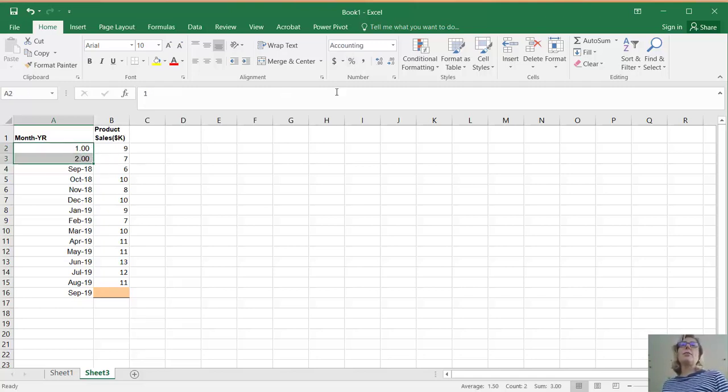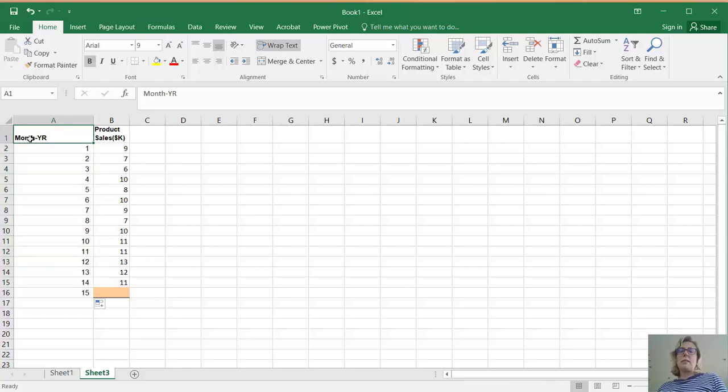So what we're going to do is work with months since June 2018. So we've got monthly data now, and we're working with numbers that are a little bit friendlier to work with.